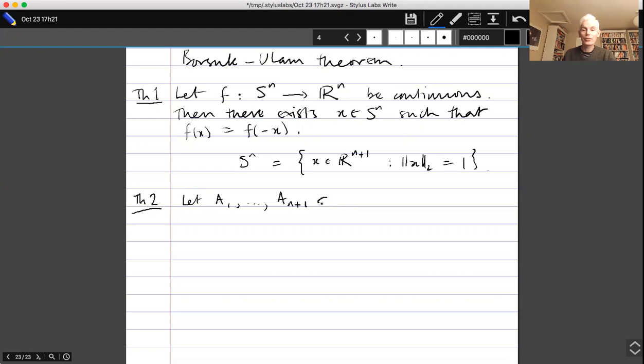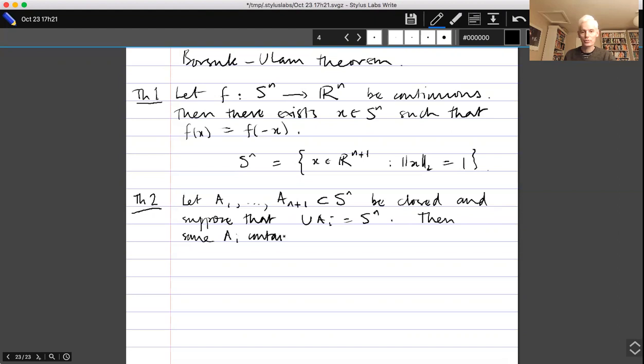So let them be subsets of S^n, and I'm going to assume that they're closed, and let's suppose that the union of the A_i equals S^n. And I shall say slightly less formally, when the union of some sets is the whole of another set, I'll say those sets cover this set. So I'll say that the A_i cover S^n. And then the conclusion is that some A_i contains a pair of antipodal points.